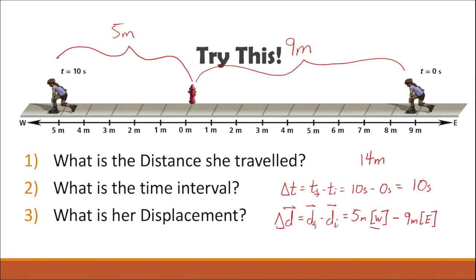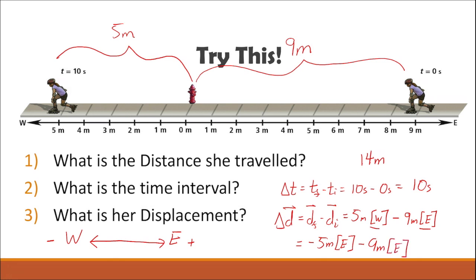Here we have two different directions. This can be resolved by looking at our direction convention. Here we know east is positive and west is negative. So instead of placing 5 meters west, we may write minus 5 meters to the east, minus 9 meters to the east.